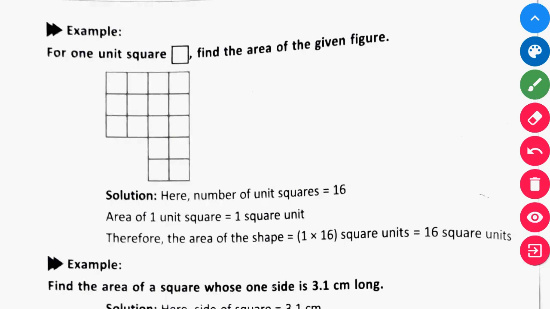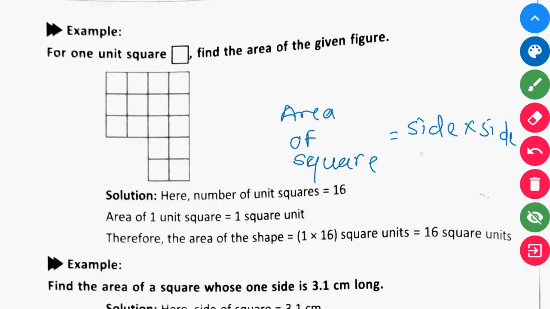Find the area of a square whose one side is 3.1 centimeter long. Now we know the area of a square is equal to side multiplied by side, or you can say side square.